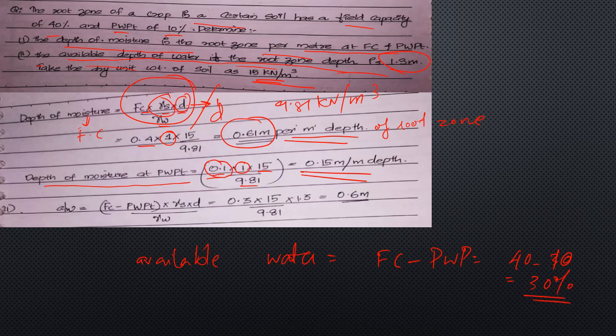Therefore the depth corresponding to available water, dw, equals FC minus PWP, that is 30% into gamma S, which is 15, D is given as 1.3 in the question, and gamma W is 9.81. Therefore 30% corresponds to 0.3 into 15, that is the dry unit weight of soil, into root zone depth divided by gamma W. So we will get the value of 0.6 meters.